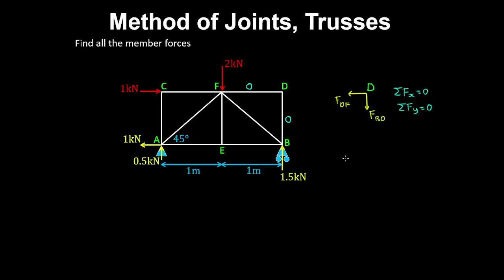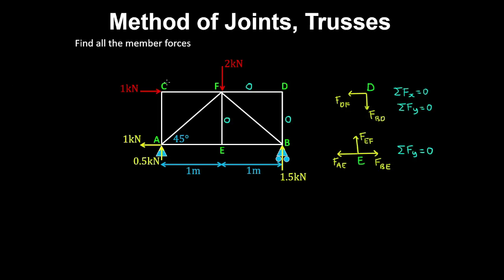And similarly, if we take equilibrium of joint E, we have the forces in member AE and BE, and a vertical force in member EF going through that joint. And by vertical equilibrium of forces, we can observe that the force in member EF is 0.